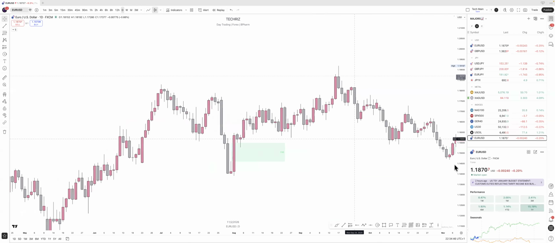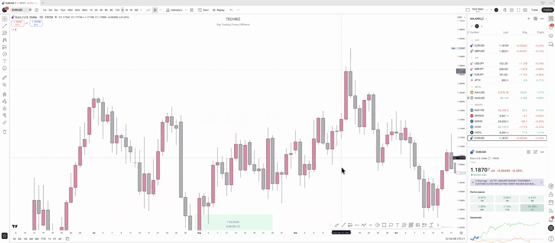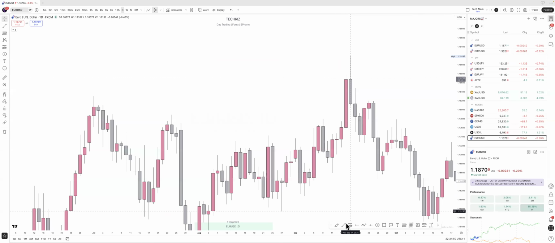Tuesday is the one creating the range. Can you see? Tuesday creating the range. Wednesday turtle soup Tuesday, and then Thursday created the low of the week.